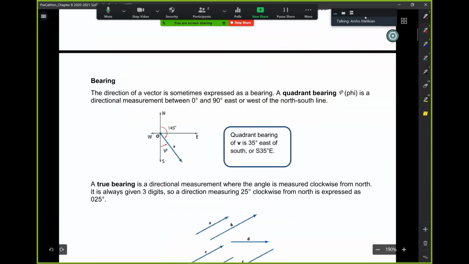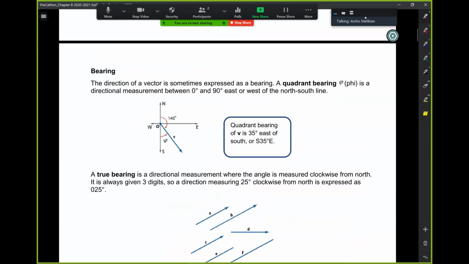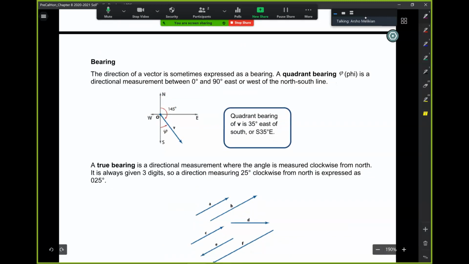Now, this one, bearing, I always think about, should I leave it in? Should I take it out? But I always leave it in for one of those Jeopardy facts, right? So sailors obviously use directions like this all the time, like angular directions.